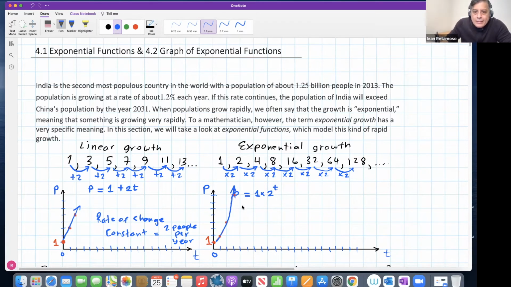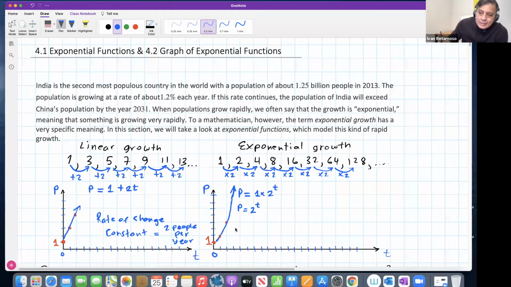It is the graph of p equal 2 to the t power. Now, what here the rate of change was constant, the slope of the line, straight line.